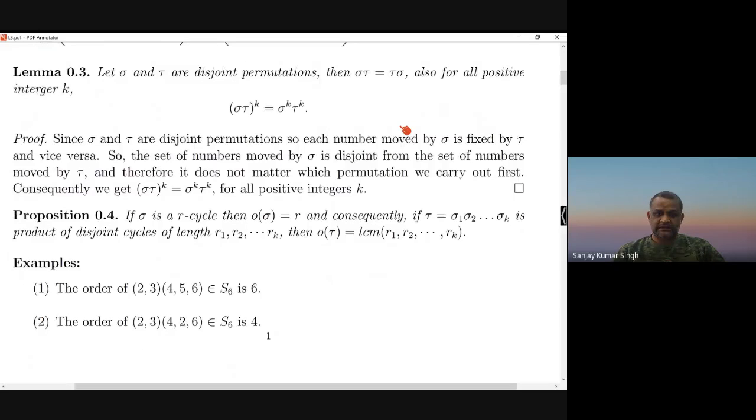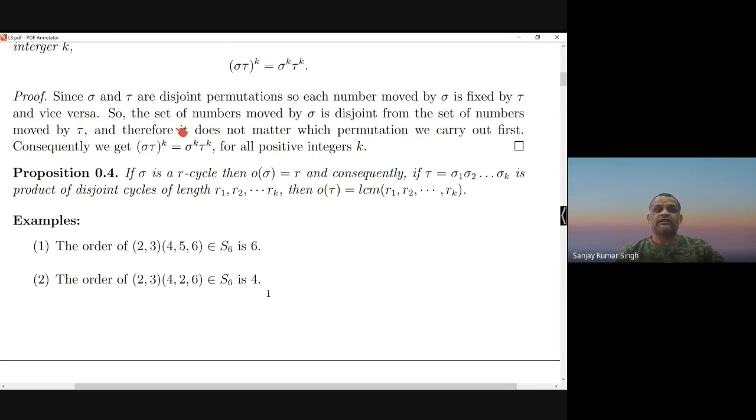It is easy to check that since sigma and tau are disjoint permutations, each number moved by sigma is fixed by tau. When I apply a number here, suppose that number is moved by tau, then of course it is fixed by sigma. So you apply this idea, and you will see that the set of numbers moved by sigma is disjoint from the set of numbers moved by tau.